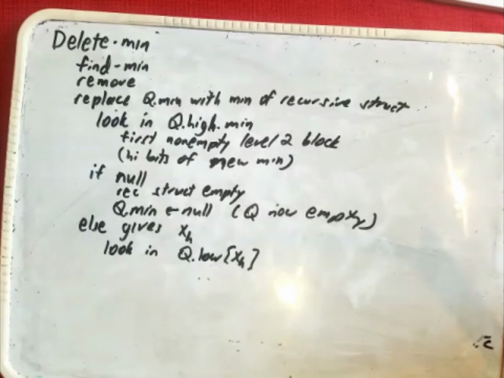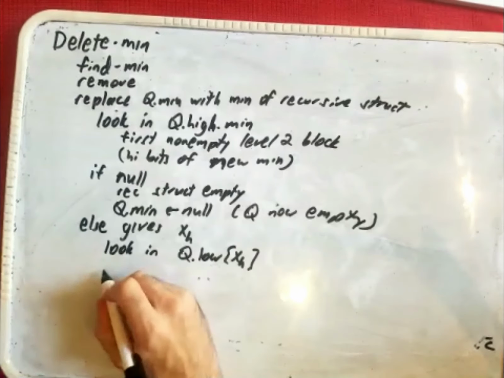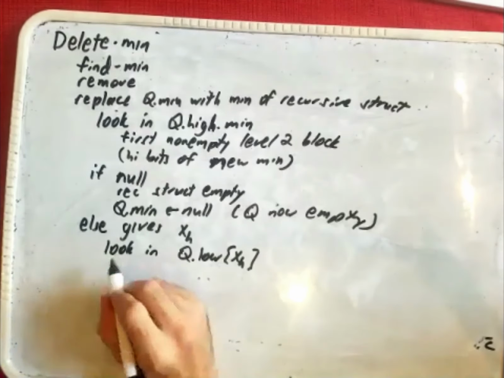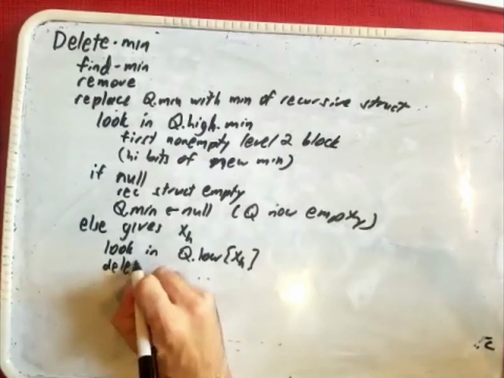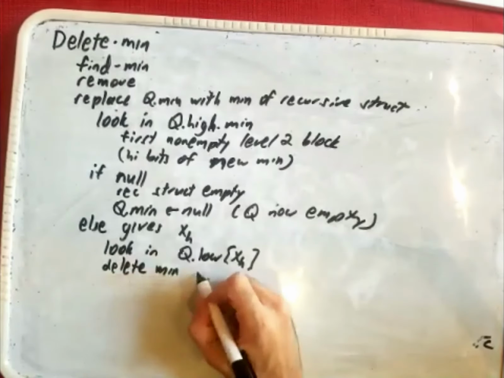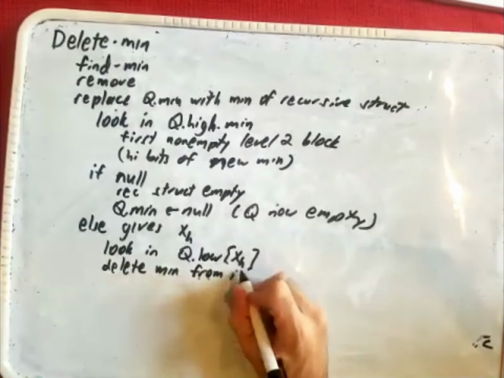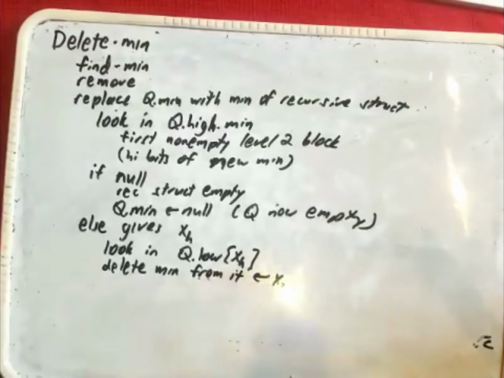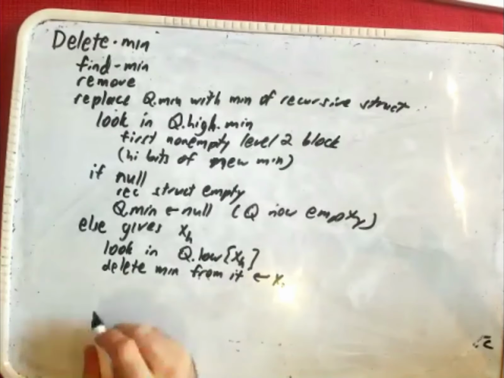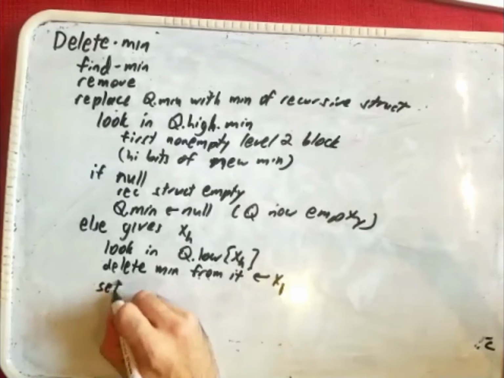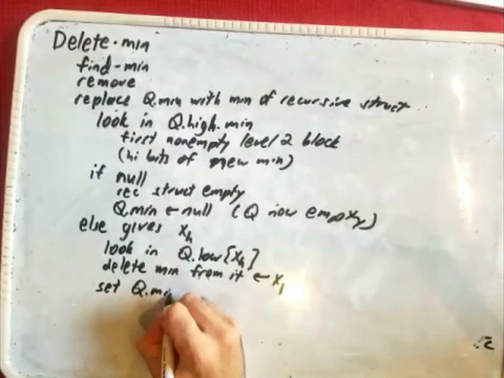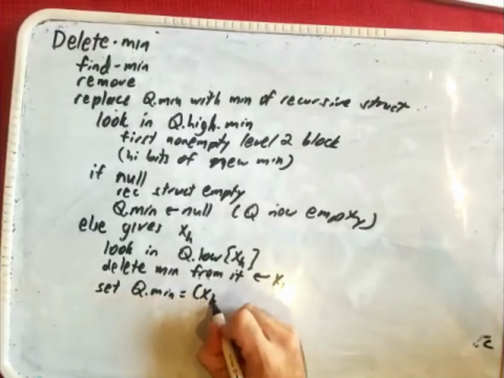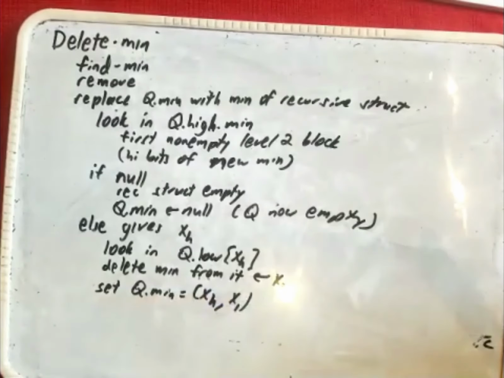Just call delete min on that block, recursively. Exactly. Let me unpack that a little bit. We're going to delete the min from it, and that is going to give us an x_l. And so now we can set the new q.min to be the concatenation of the high bits we found and the low bits that we found.